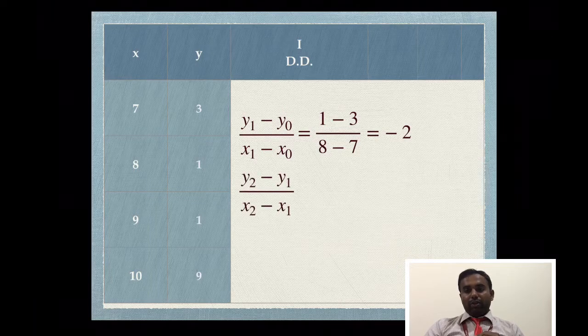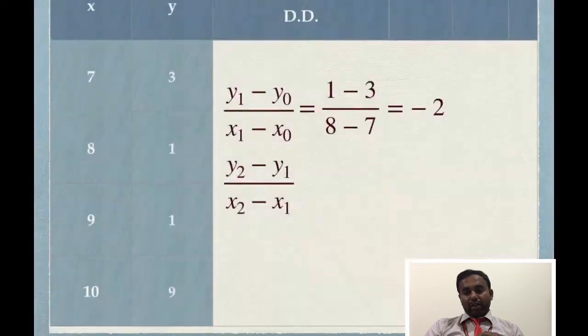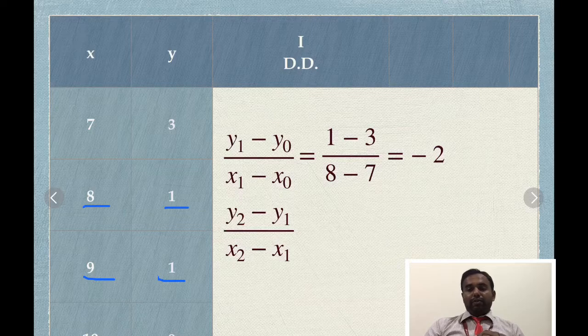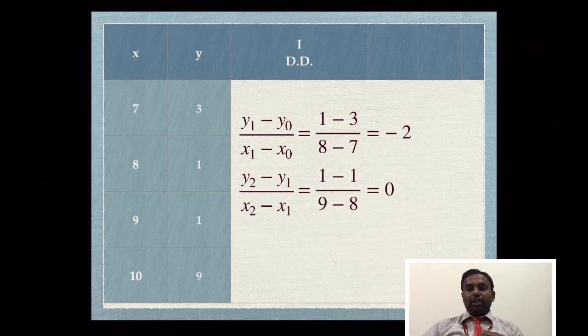In the next one, I have y2 minus y1 divided by x2 minus x1. So I will have 1 minus 1, which is 0.